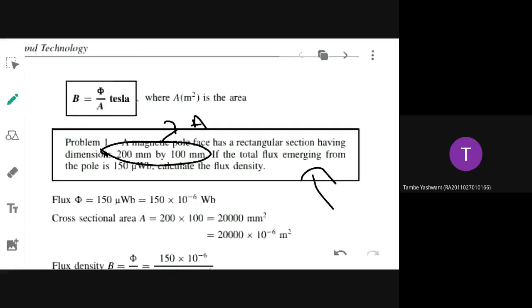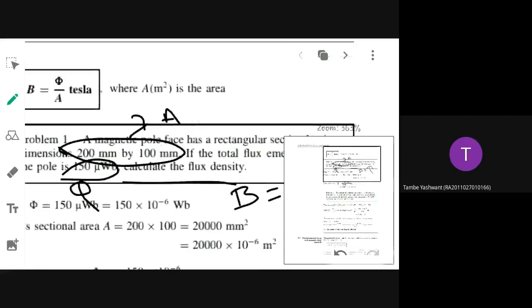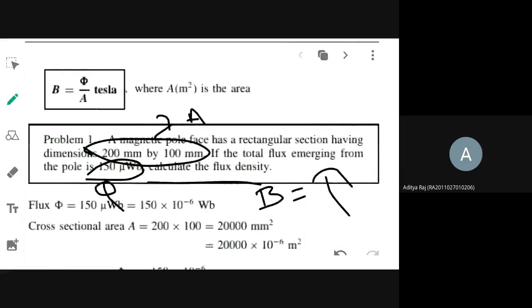If the total flux emerging from the pole is 150 microweber, what is given? Phi is given. They have asked you to calculate flux density B. The formula is B equals phi by A. Phi is 150 into 10 to the power minus 6 Weber.